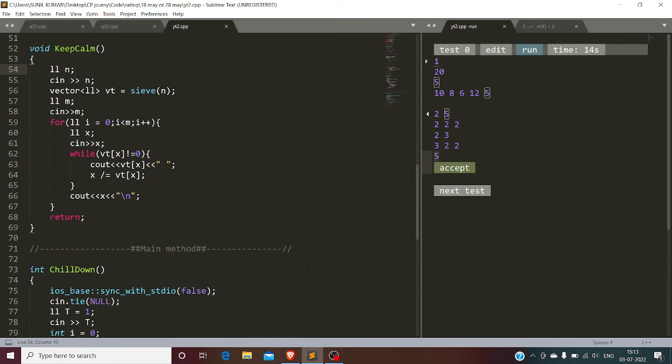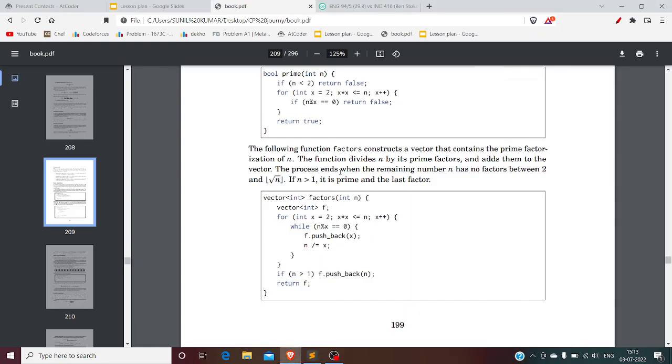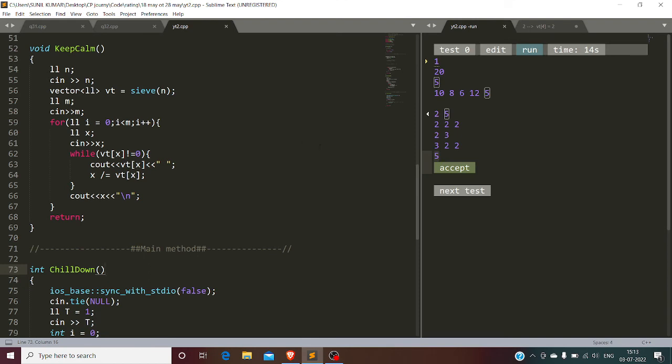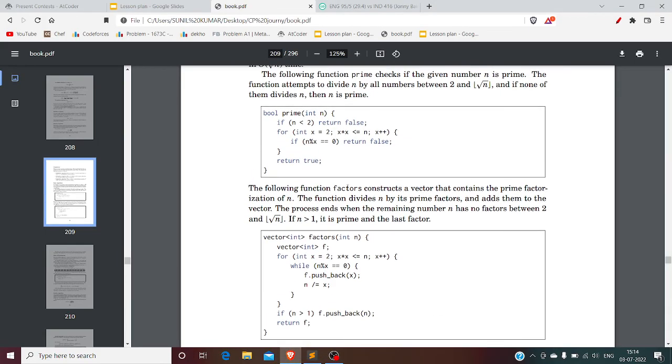Earlier we were calculating prime factorization for each number individually. Now we are calculating prime factorization for the whole range, and I think if every divisor is 2, then it will take log of n time, right? And if we do it individually, then that function will take root of n time.